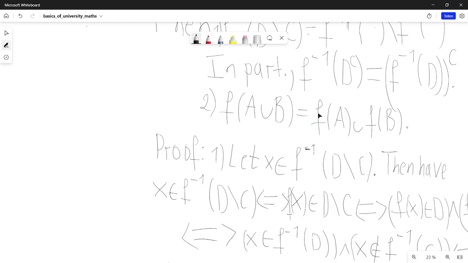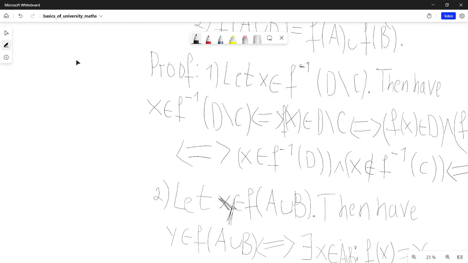I mean, y is in here or in here, but it means we have x in A such that f of x is equal y, or we have x in B such that f of x is equal y, and that means if we have x in A or in B, then it is certainly in here, and f of x equal y is given, so that is given.